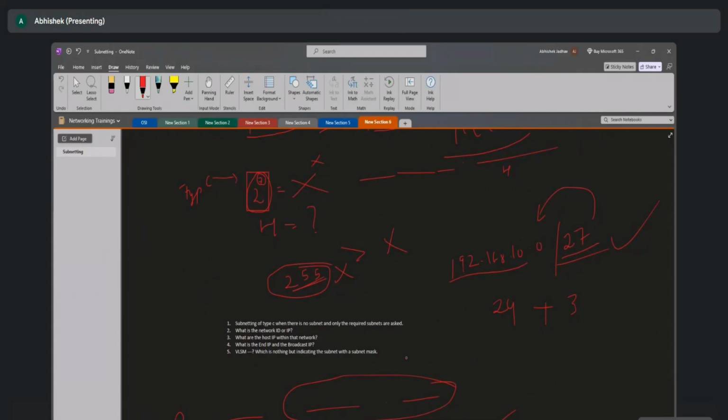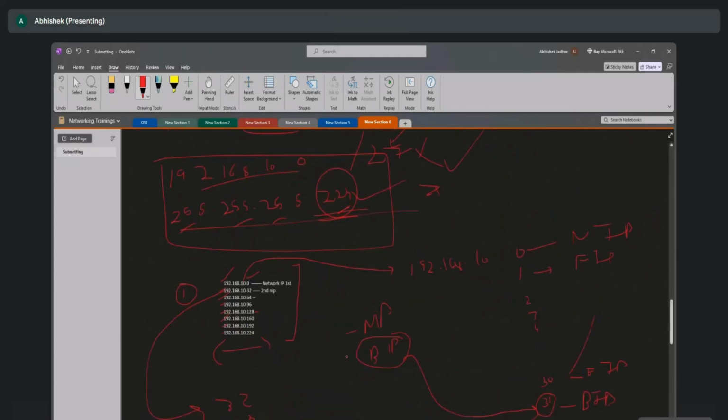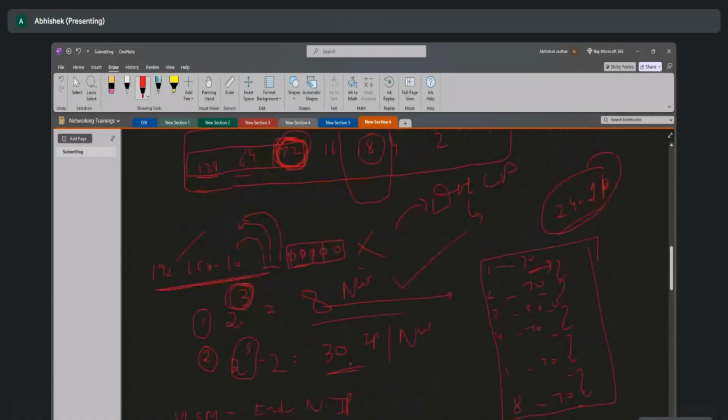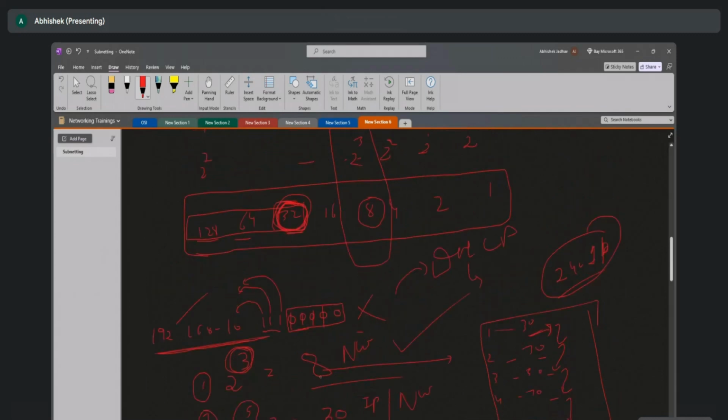Sir, first you said /8, no, sir? At first, you scroll up. You had taken 192.168.10.0 by 8, I think so. Not 27. No, no, don't get confused with the calculation.